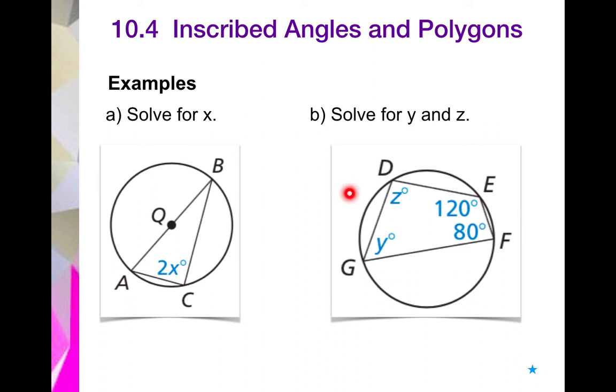When I look at part B over here, I can see that I have an inscribed polygon inside, and that says that a quadrilateral, and that means that this angle here, y, is going to be supplementary to 120. So there's supplementary angles. And the same thing with F and D, they're going to be supplementary angles, and you can compute y and z from there.